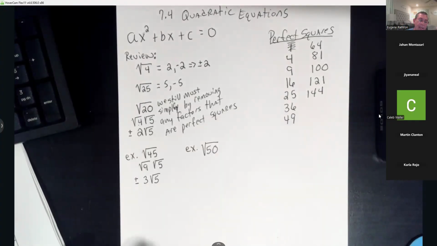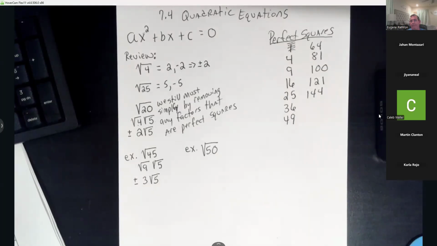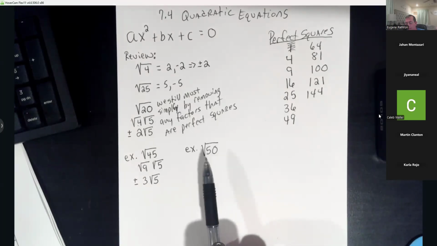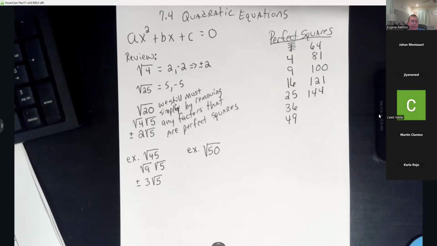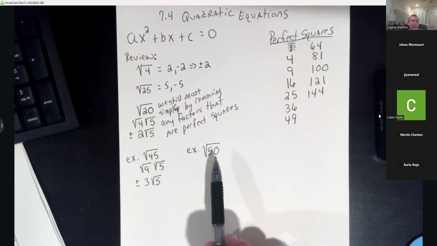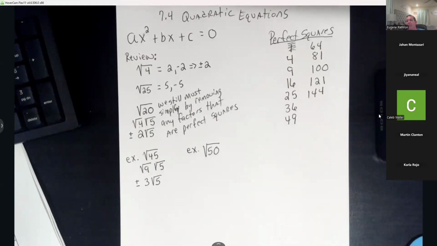All right, y'all, one more for y'all to do, and then I'm going to throw some negatives under there. So 50, not a perfect square. It's not in the list. Does 50 have a factor that is a perfect square? And if so, what number?